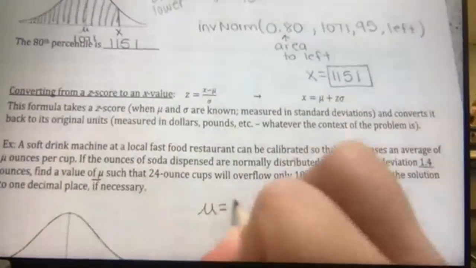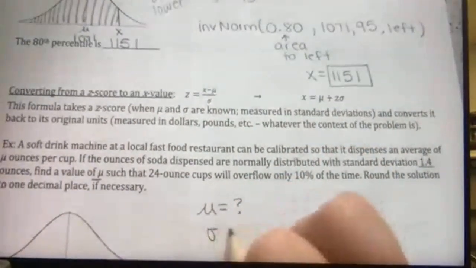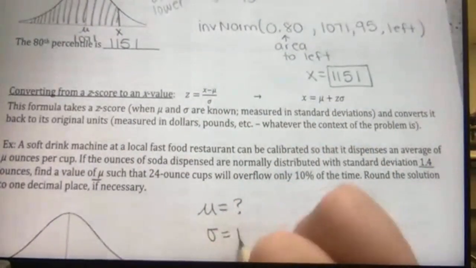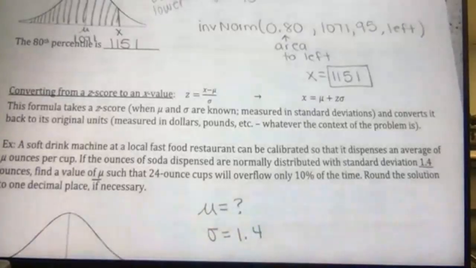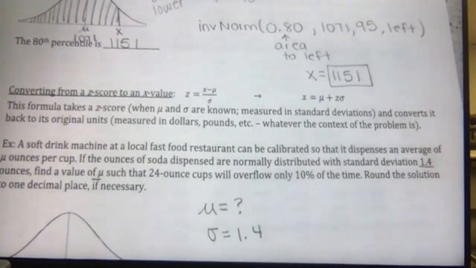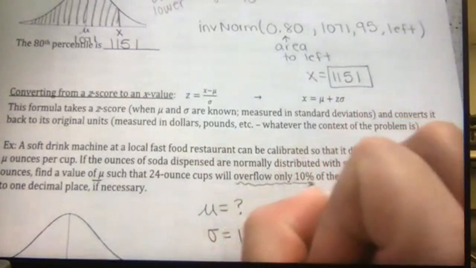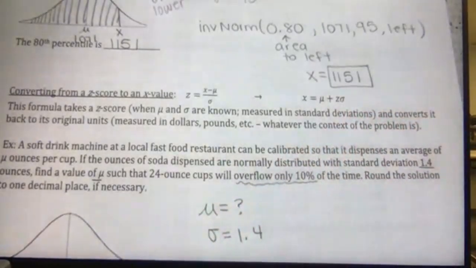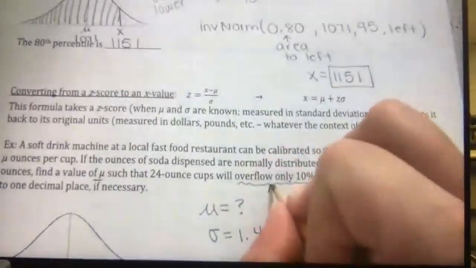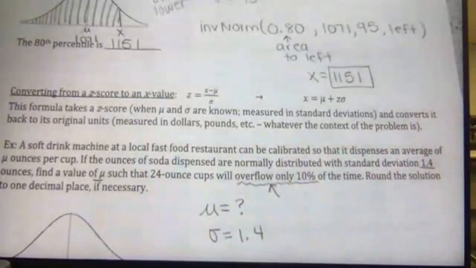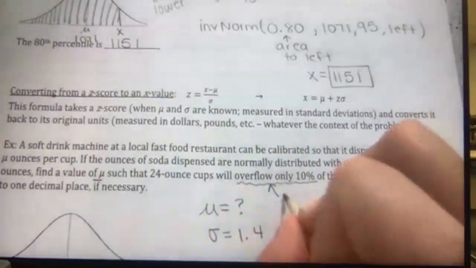They told us our standard deviation is 1.4. Find the value of mu such that a 24-ounce cup will overflow only 10% of the time. Overflow is going to tell us that it's going to be more than we want. So to the right.